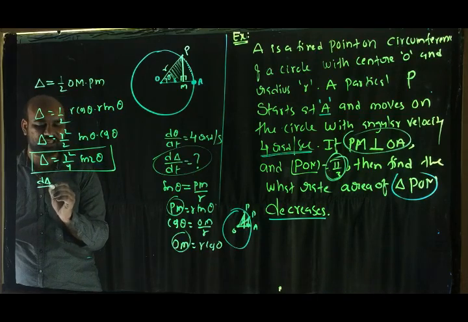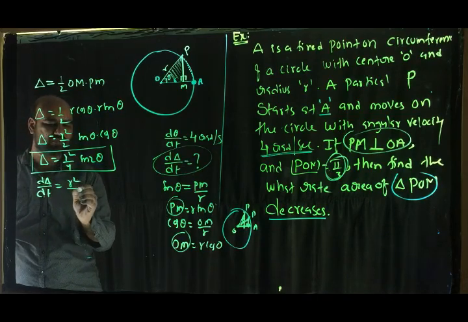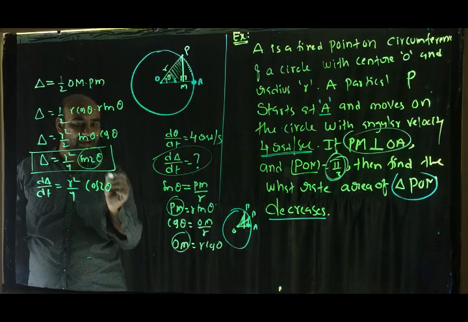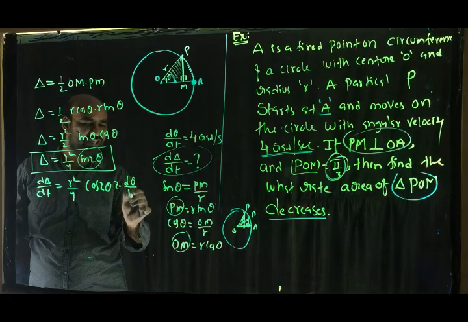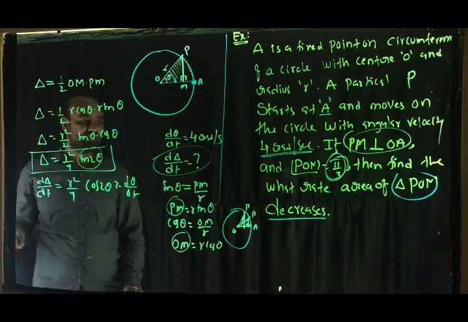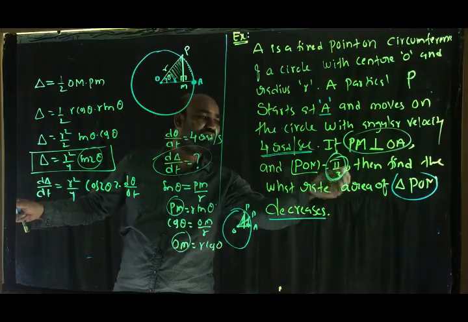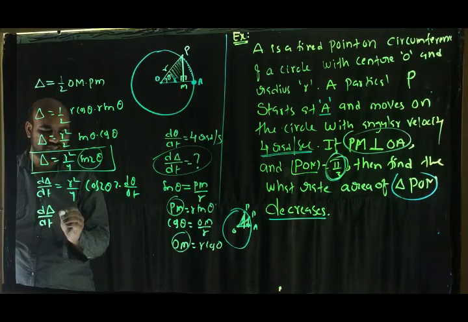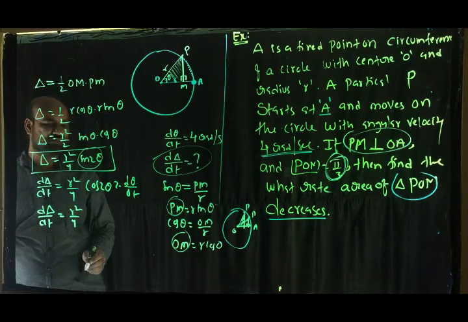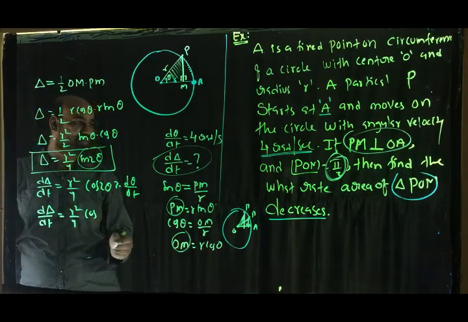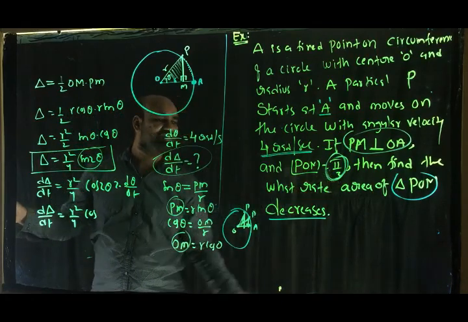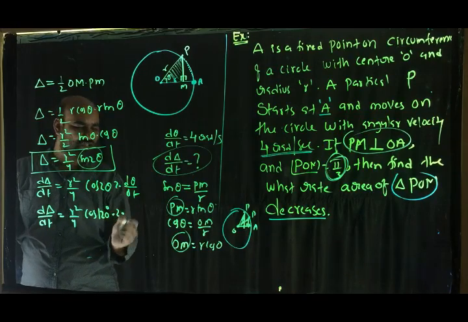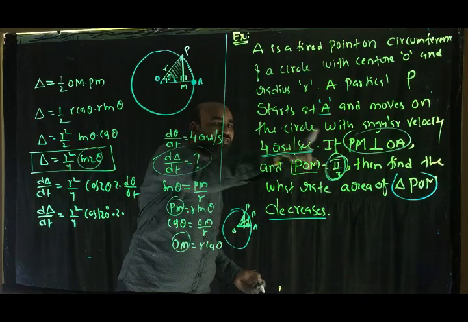So now differentiating with respect to time. d delta by dt: r square by 4 is constant, derivative of sin 2 theta is cos 2 theta, and the inner derivative of 2 theta gives 2 into d theta by dt. At the instant theta equals pi by 3, d delta by dt equals r square by 4 into cos of 2 times pi by 3, which is 120 degrees, into 2 into d theta by dt, which is given as 4.